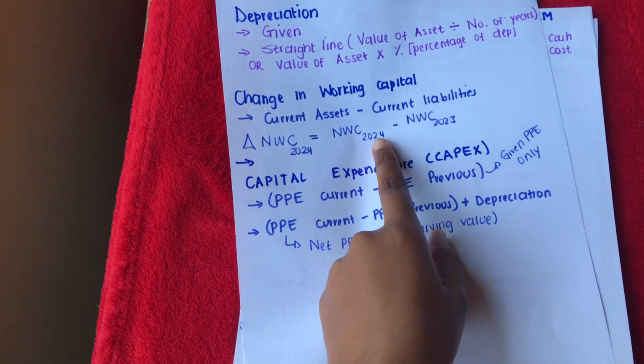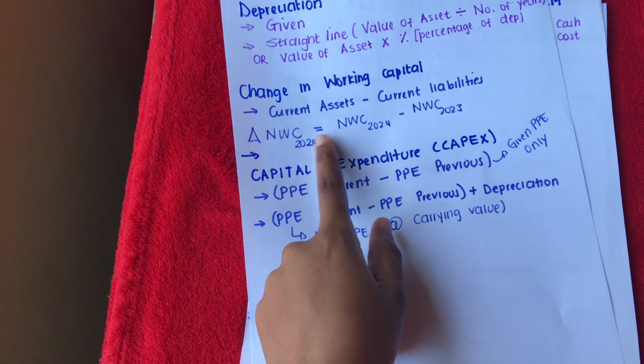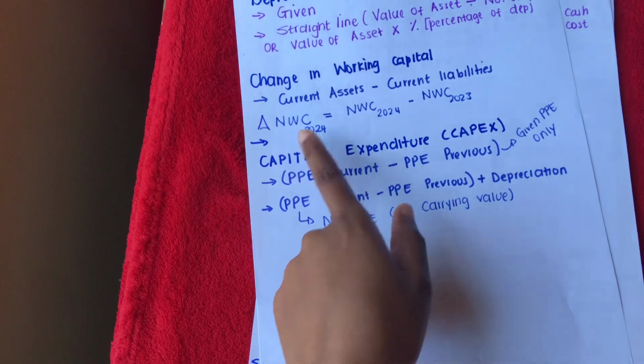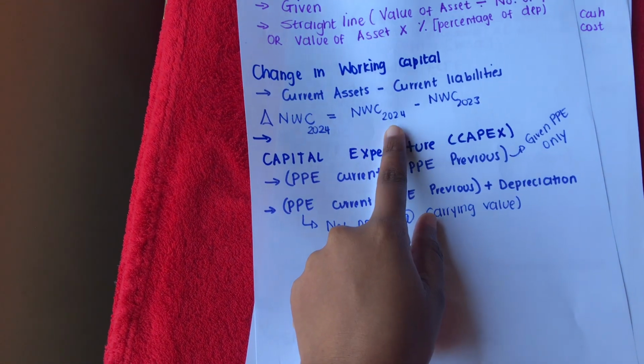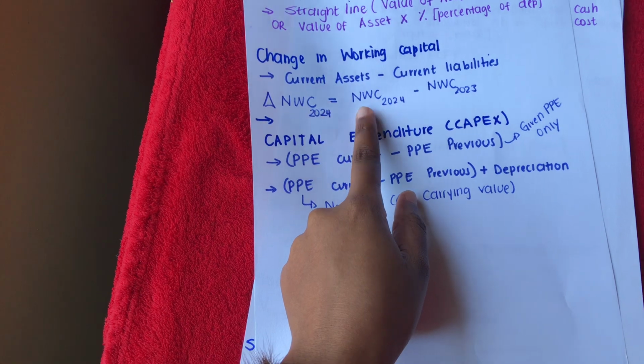So you need to be mindful of whether they say it is a change in net working capital or a net working capital. If they say it's a change in net working capital and they need you to grow it, you calculate the change in net working capital and you grow it.